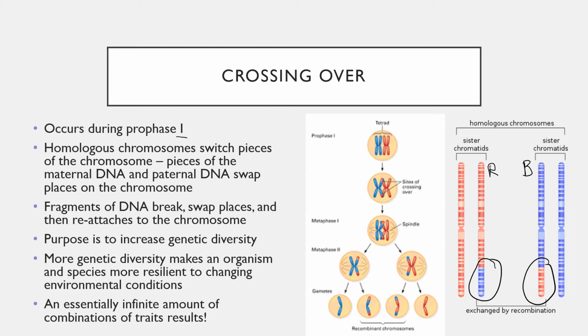And if you look inside this image here, when we end up with our gametes, when we do crossing over, we end up with 4 unique gametes. If crossing over didn't occur, these two would be both completely blue. These two would be both completely red. And while that's still some uniqueness to the cell, it's not the same as what happens with crossing over. We're going to get incredibly unique and diverse options when we cross over, essentially infinite amounts of combinations.